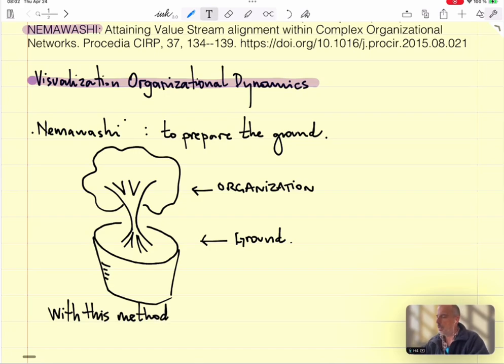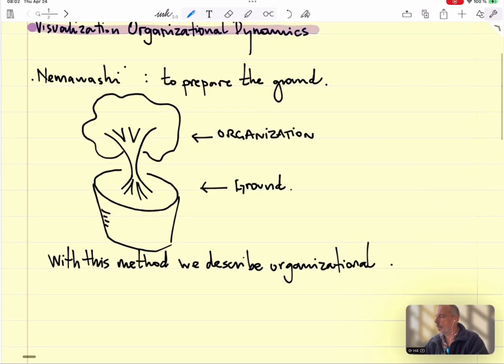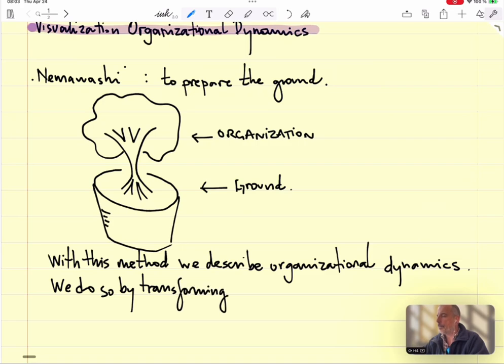we describe organizational dynamics. We do so by transforming the information contained in the KPIs.